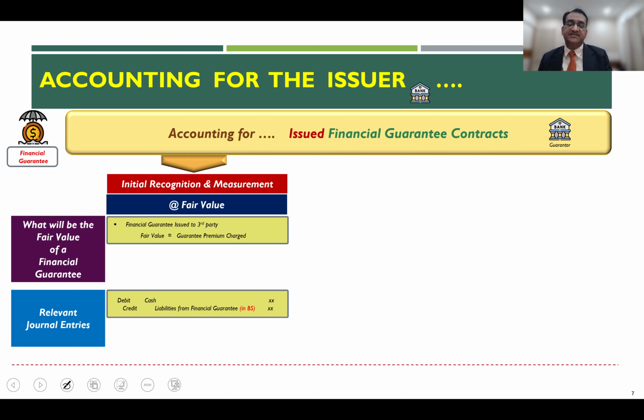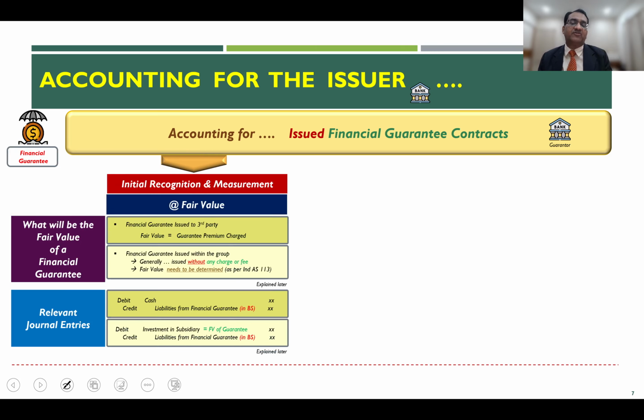Now what happens? Let us assume that the guarantee is issued on behalf of a related party, or for example, let's say a holding company issues a guarantee on behalf of the subsidiary company.